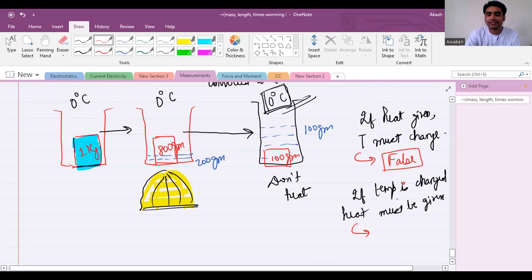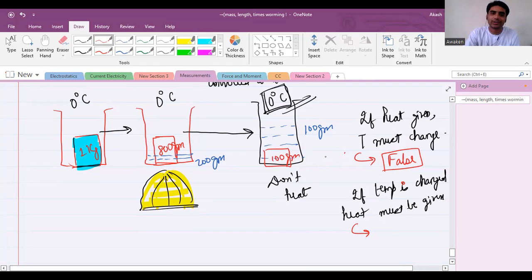It's false because if temperature changed, it can even increase or decrease. It is not like heat is given only when temperature is increasing. If temperature is decreasing, heat should be reduced.